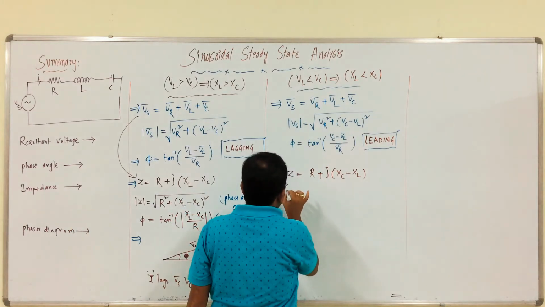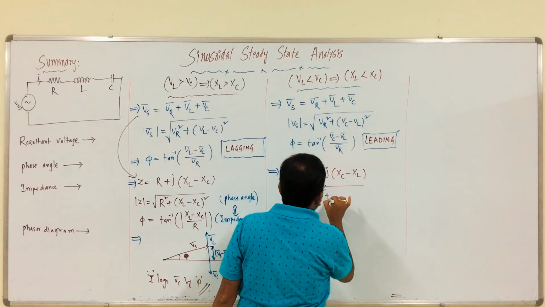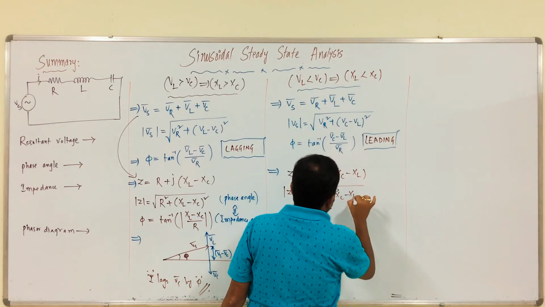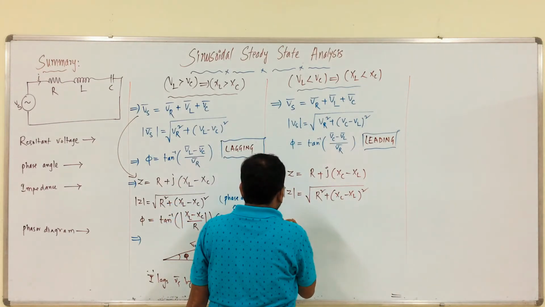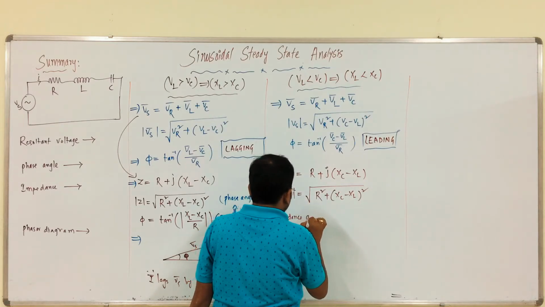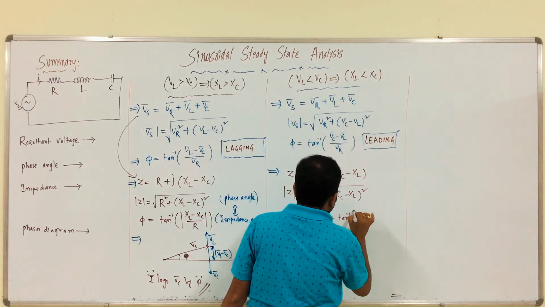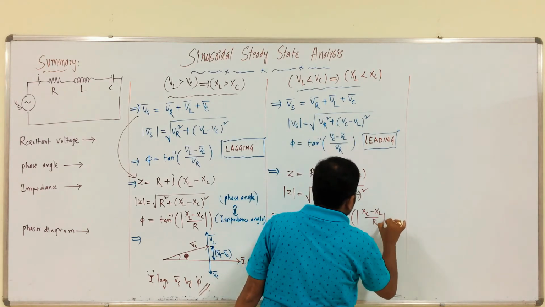From this, mod Z is root of R square plus XC minus XL whole square. Clear? Therefore, impedance angle phi is equal to tan inverse mod XC minus XL by R.